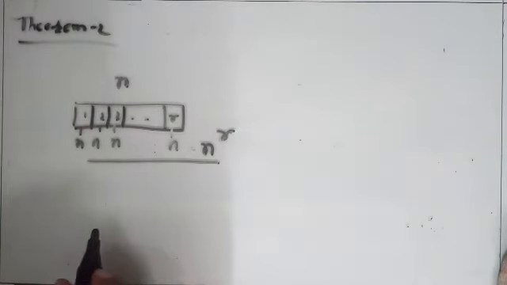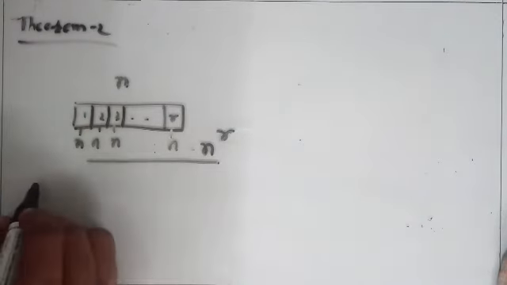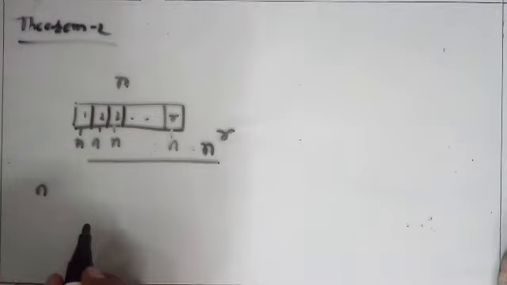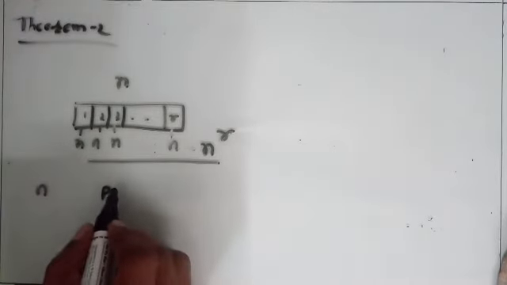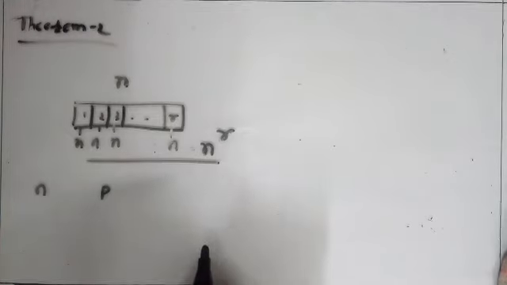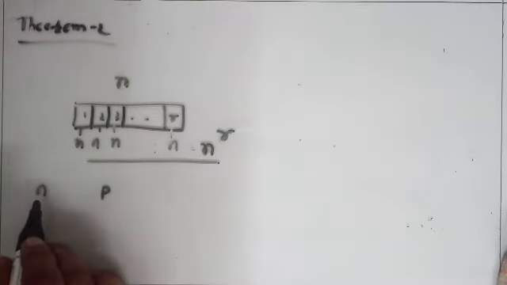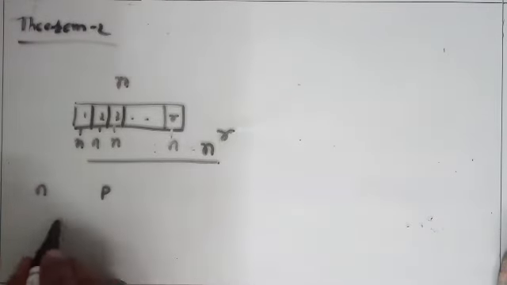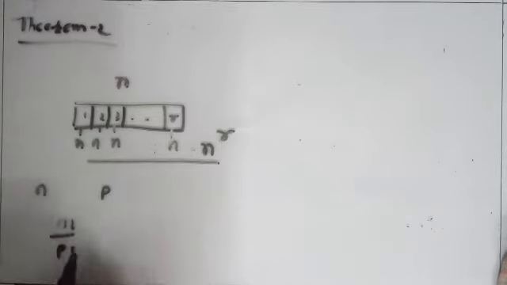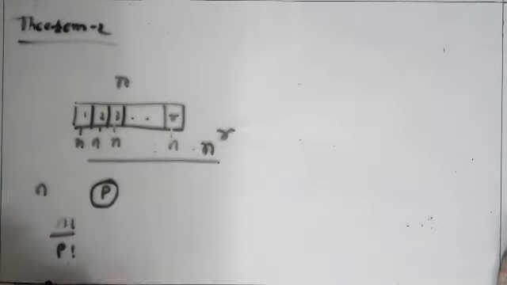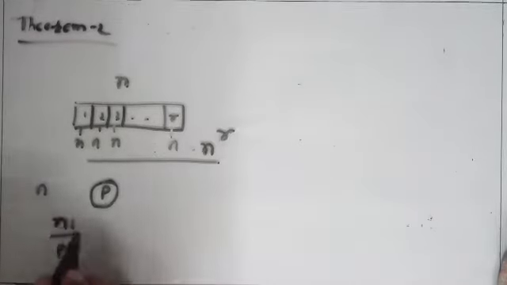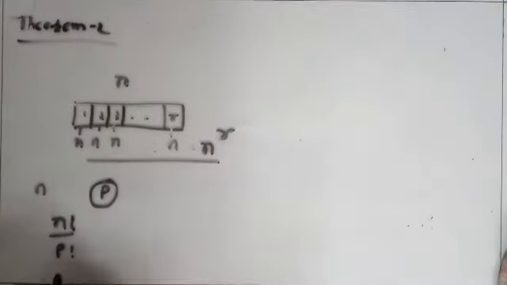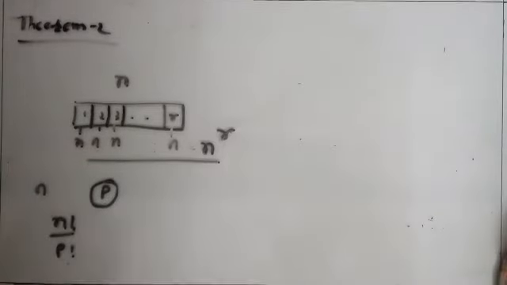Remember this: if in given n objects, p objects are alike, that is the same type, and the rest are distinct, then the number of permutations of n objects taken n at a time is equal to n factorial upon p factorial, because p objects are alike. So the total number of arrangements becomes n factorial upon p factorial. Clear? This is theorem number 3.